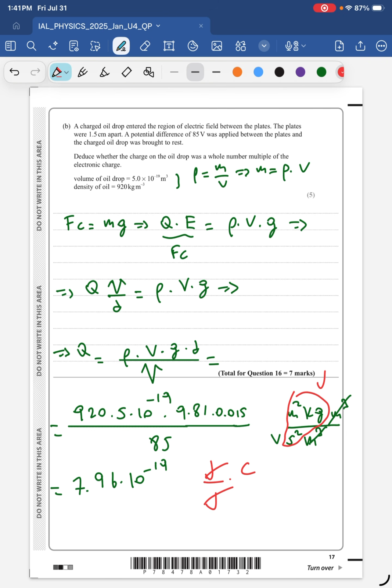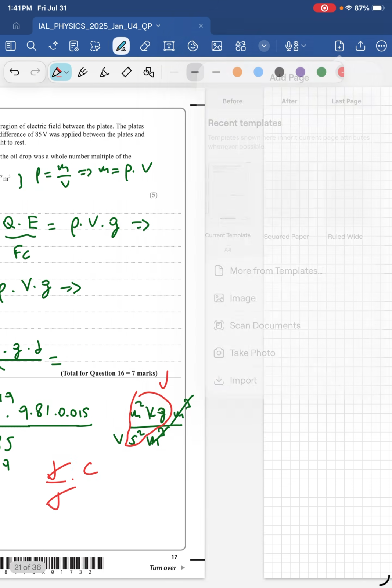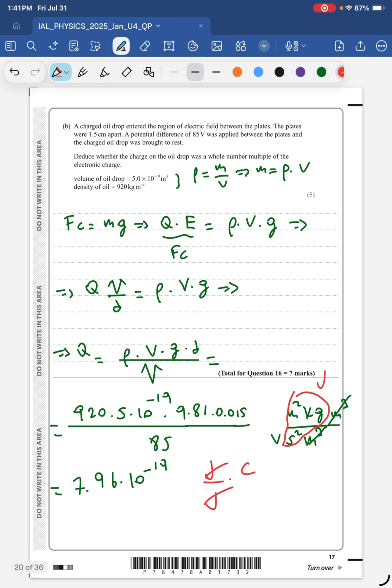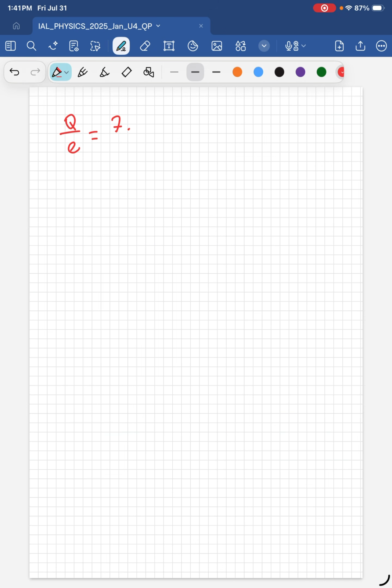And if we divide, let's use a clean page. So Q that we calculated over e is going to be 7.96 times 10 to the negative 19 coulombs over the fundamental charge, which is 1.6 times 10 to the negative 19, also coulombs.